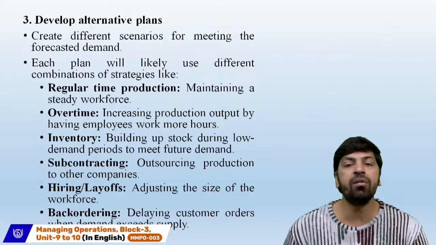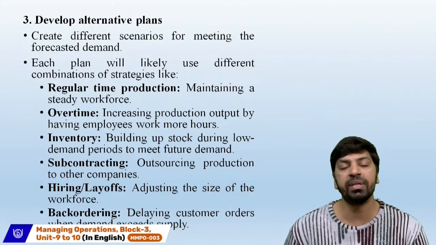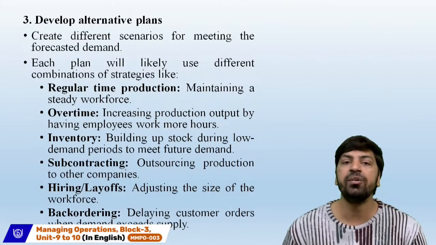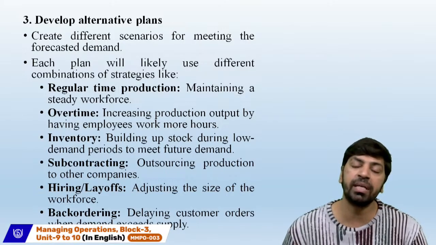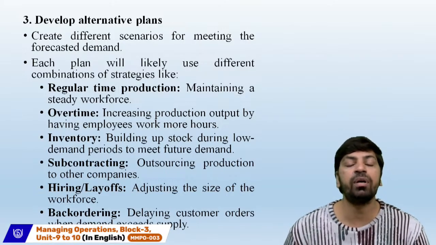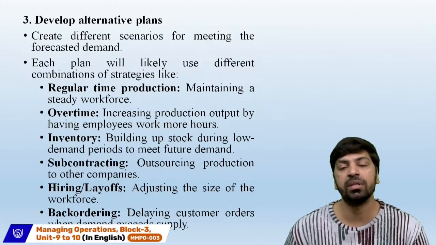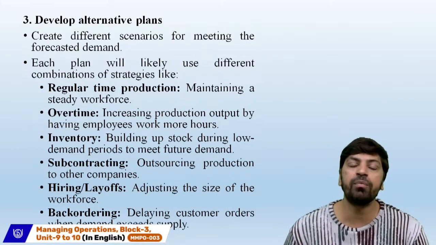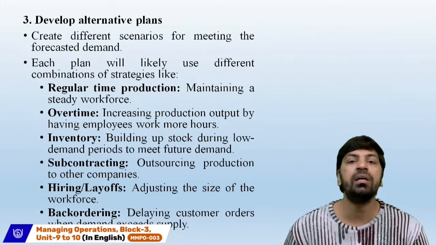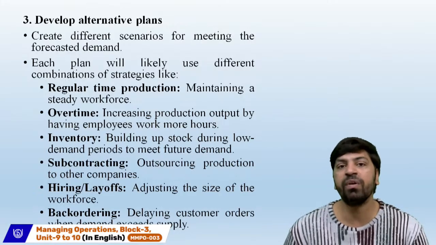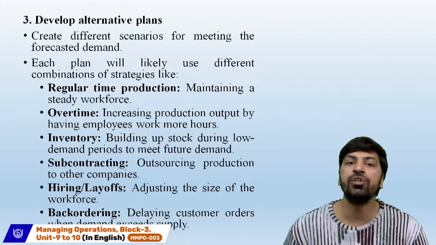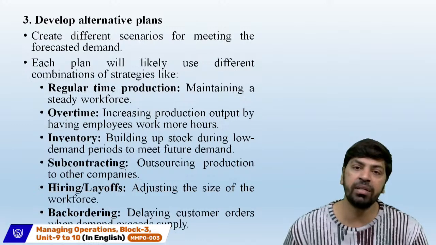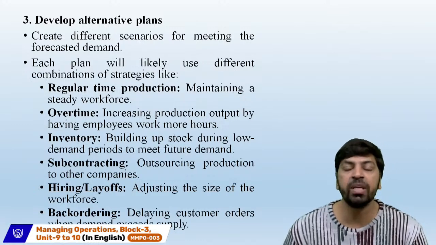Accordingly, the organization chooses a different combination of strategies. Regular time production means maintaining a steady workforce in the planning process. Overtime means increasing the production output by having employees work more hours. Inventory builds up stock during low demand periods to meet future demand.